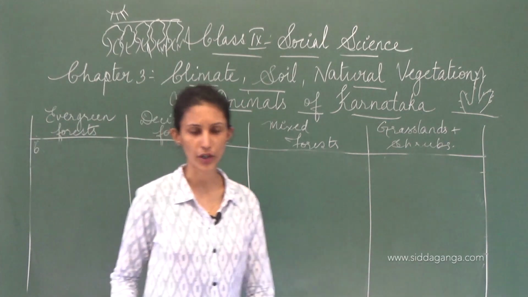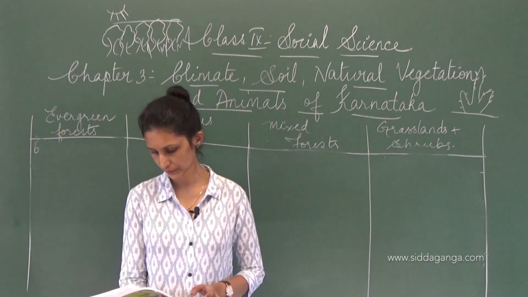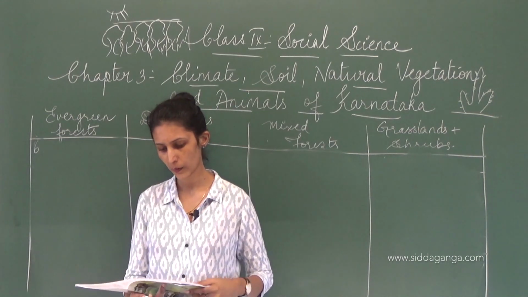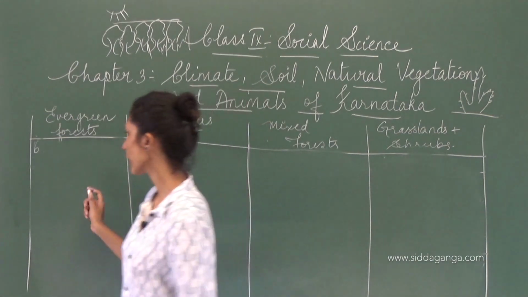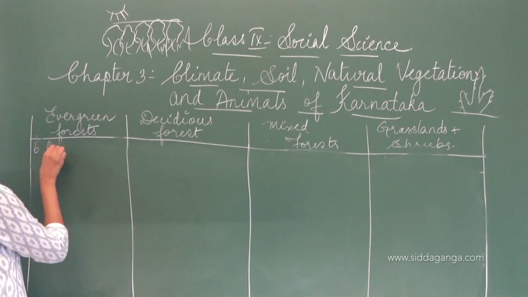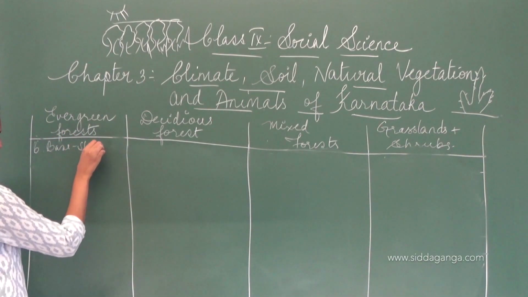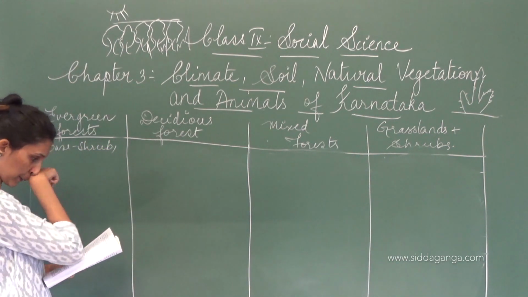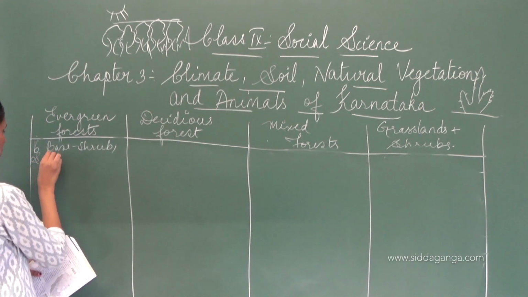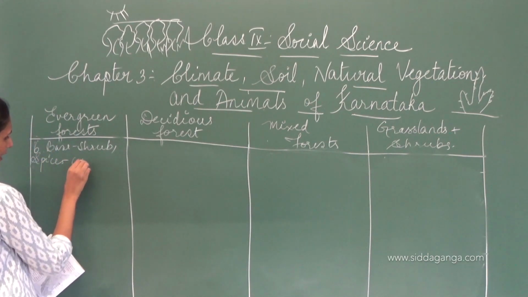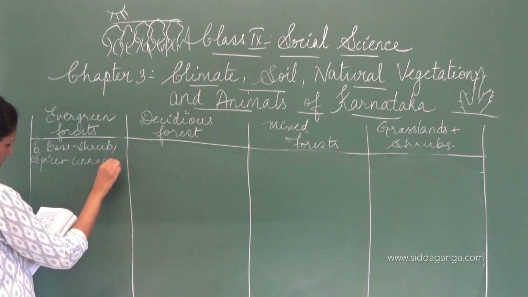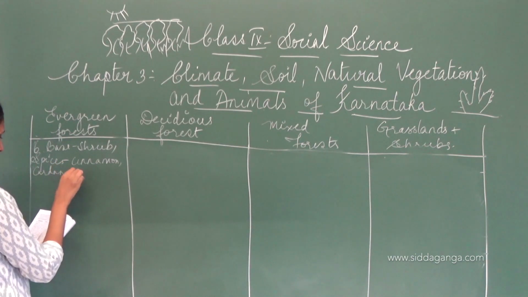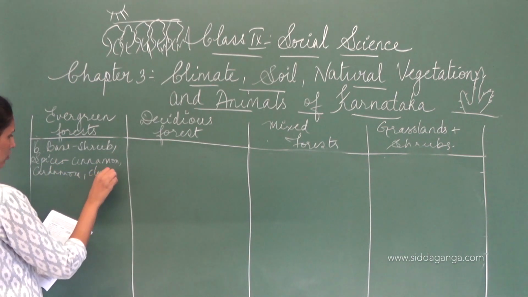Sixth point is, you write that at the base there are shrubs, and along with that add that different kinds of spices and cloves are also found. Spices such as cinnamon, cardamom, cloves.